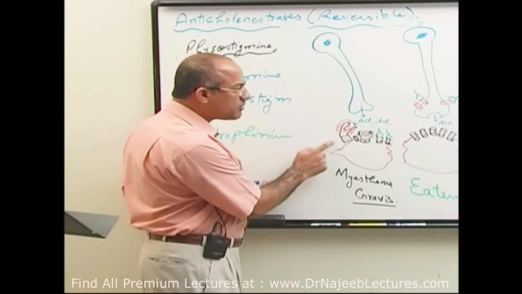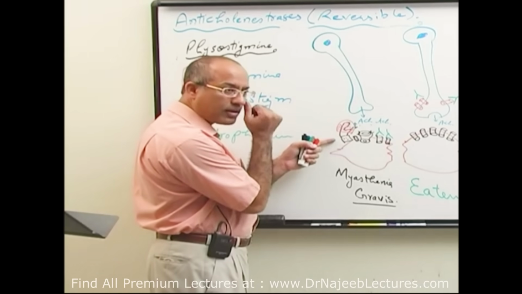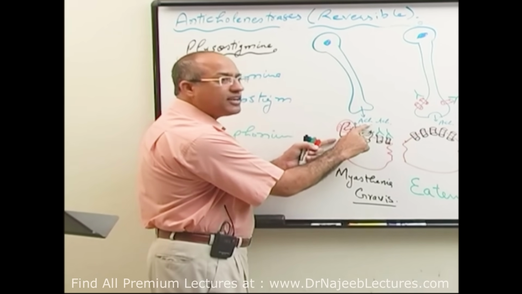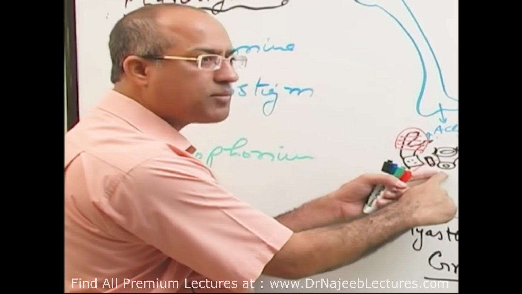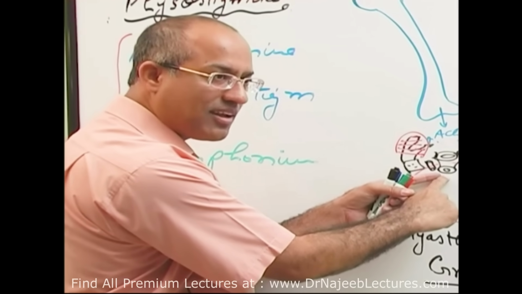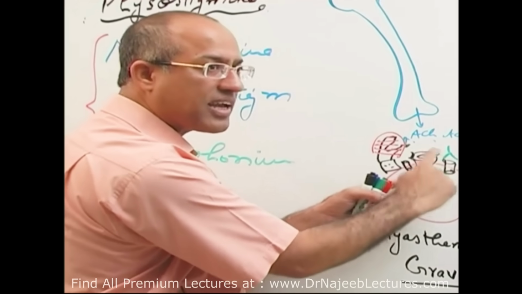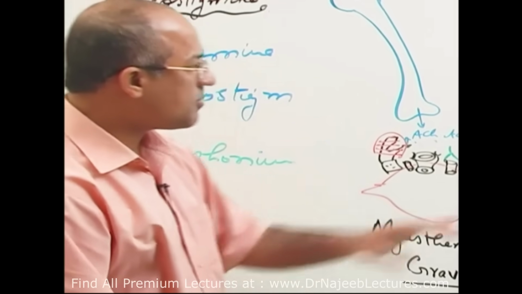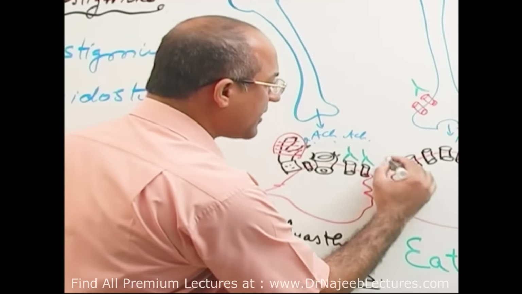When neostigmine is given in a myasthenia gravis patient, acetylcholine esterase is inhibited, right? Acetylcholine accumulates in higher concentration and works on the lesser number of receptors, but a higher concentration of acetylcholine working on a lesser number of receptors may give enough stimulation. But in Eaton-Lambert syndrome, when you give it, what happens?